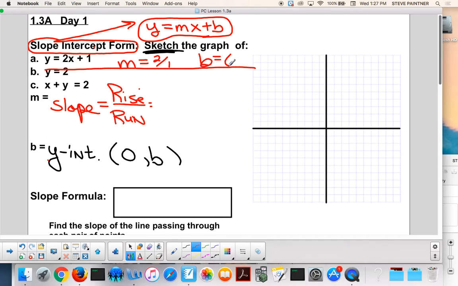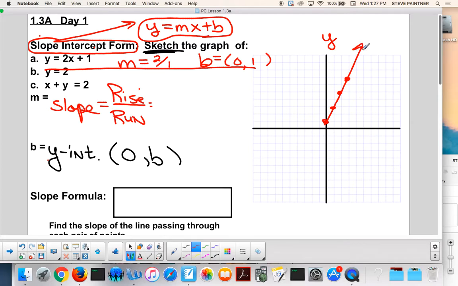But when you say 1, can I write it like that? (0, 1). Okay. Sketch the graph. Start where? (0, 1). Yeah, start on the y-axis at 1. Go right here. Slope is what? Up 2, right 1. Up 2, right 1. Okay, there it is.